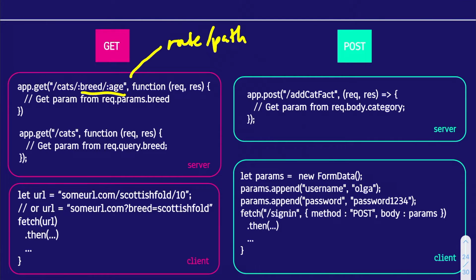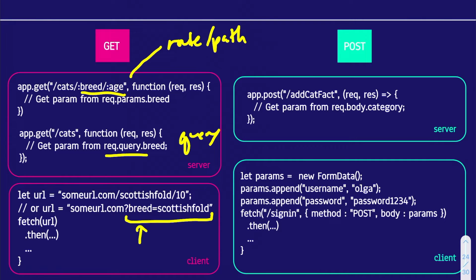So you can't actually get to this endpoint if you didn't fill in these parameters. You can also have what are called query parameters for GET requests. And what that would look like is down here, we're saying the breed is a Scottish fold. That's an example of giving a query parameter to an endpoint.